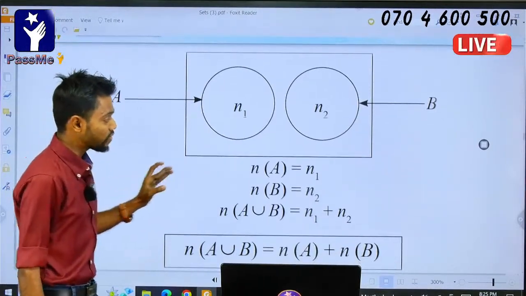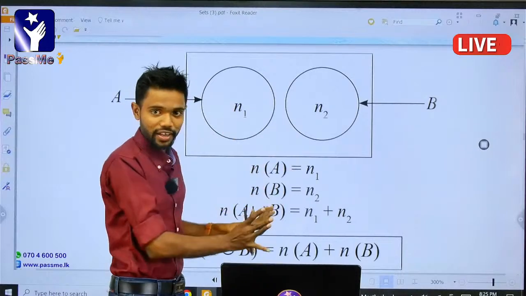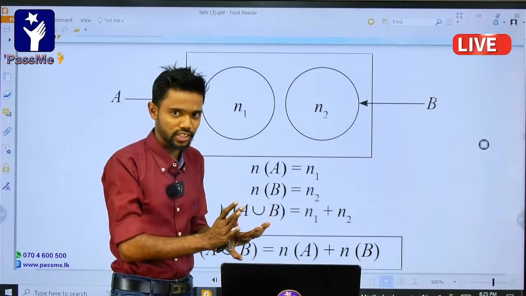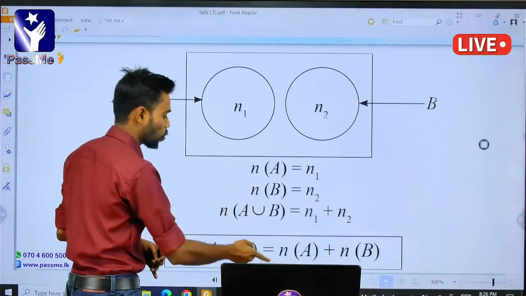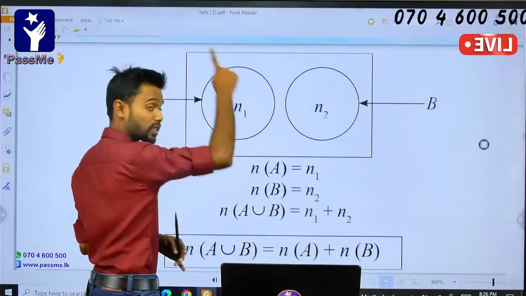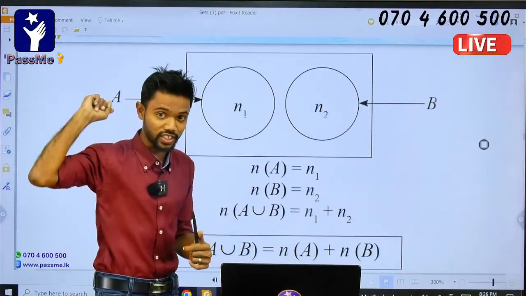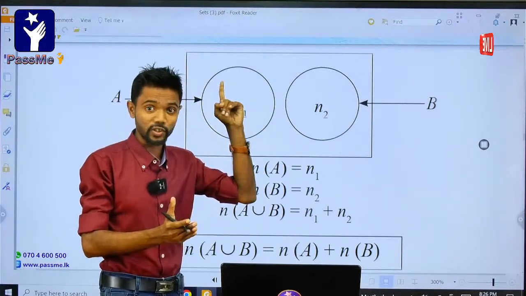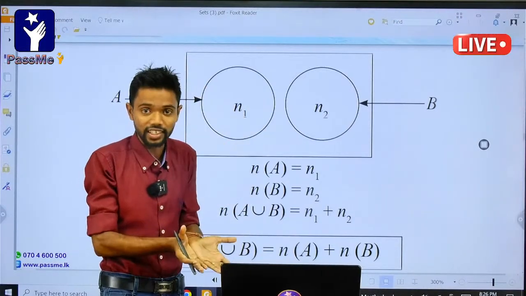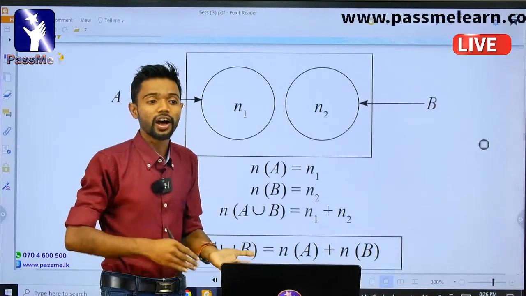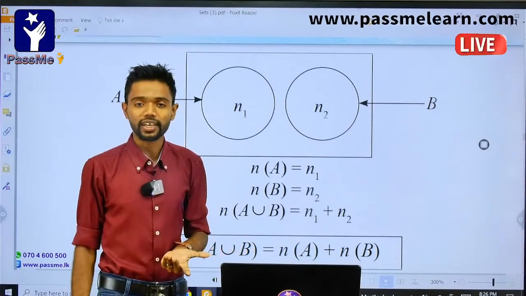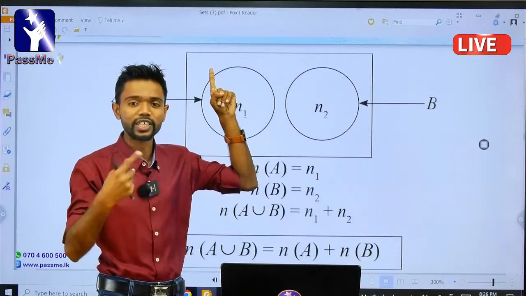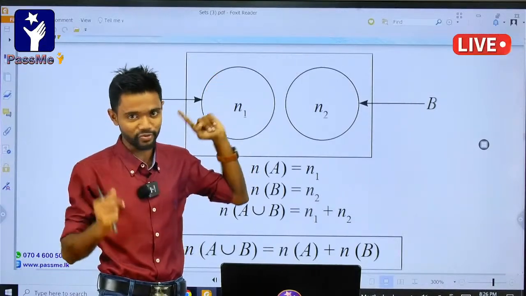In that lesson we will use this same diagram, but at that point you are required to remember the previous equation. If you know it, you can slowly transfer the equation we discussed under sets, today's lesson, to the probability lesson in the upcoming week. The same equation will convert to probability, not today.